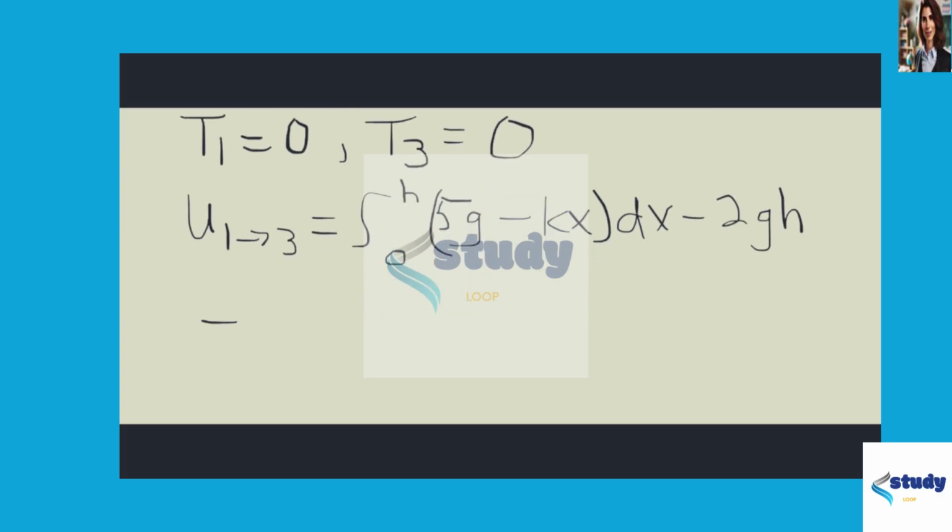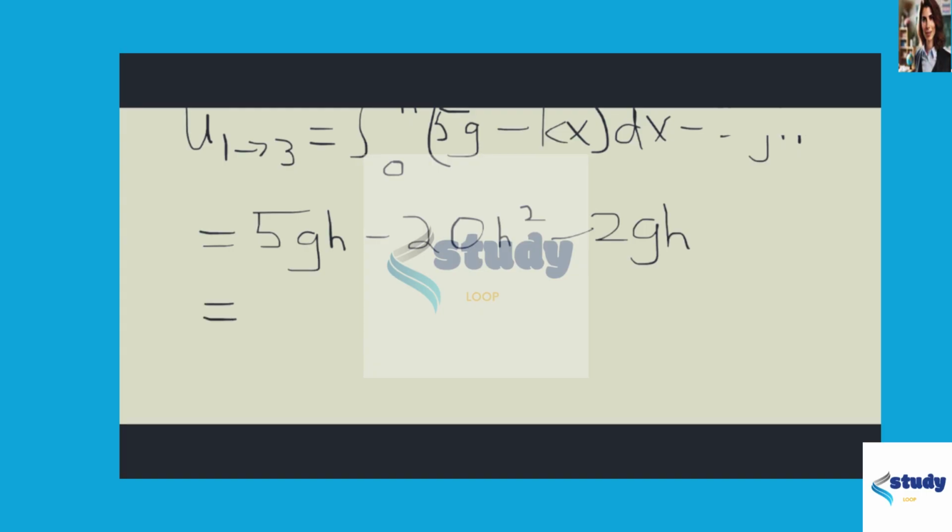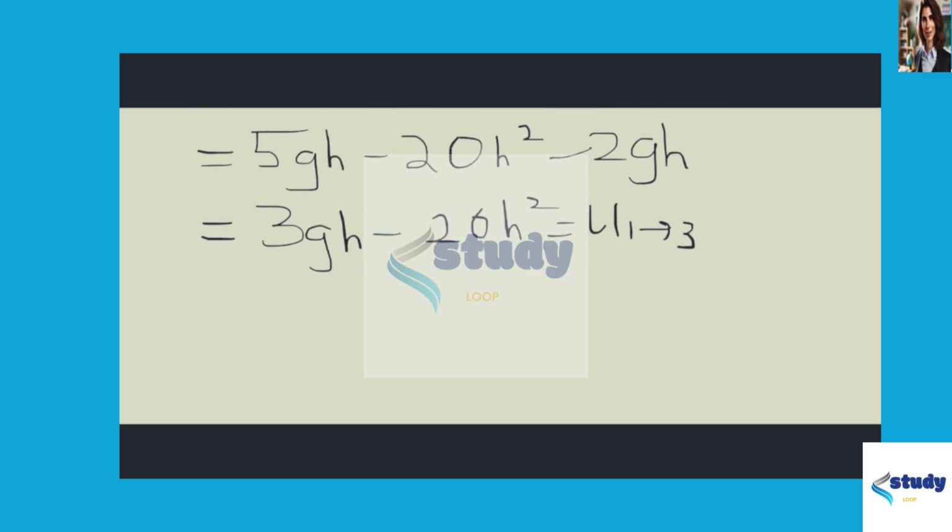We solve this integral and we get 5gh - 20h², remember, because k is 40 newtons per meter, minus 2gh. So simplifying and combining terms, 3gh - 20h² = U1 to 3. Remember that T1 and T3 are 0, so this expression is equal to 0 when we plug everything into the work kinetic energy relation.